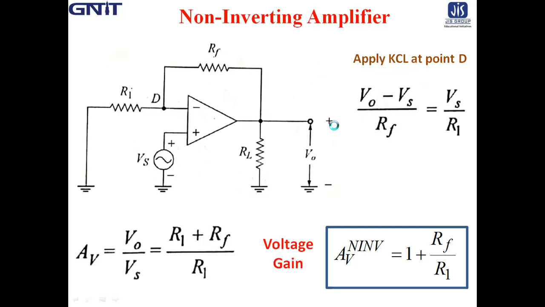Again I am repeating, apply KCL at point D, which gives (V0 minus Vs) by Rf equal to Vs by R1.